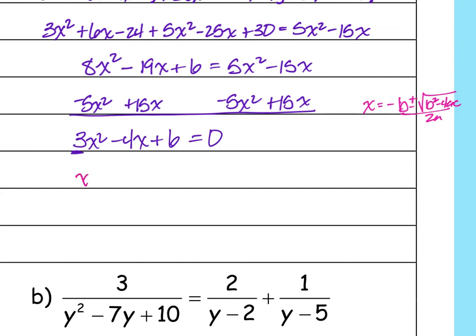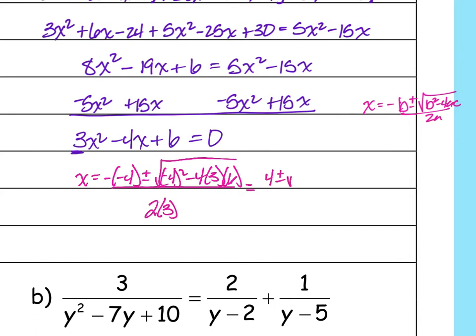So I've got x equals minus a negative 4 plus or minus the square root of negative 4 squared minus 4 times 3 times 6, all over 2 times 3. And then we get 4 plus or minus the square root of 16 minus 12 times 6, 72, all divided by 6.